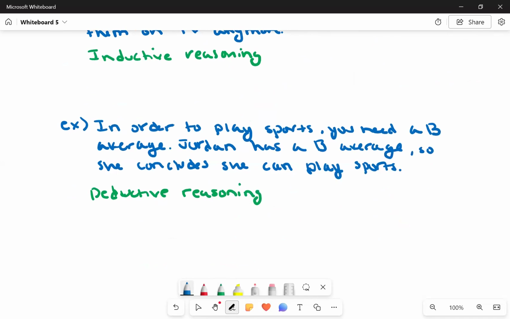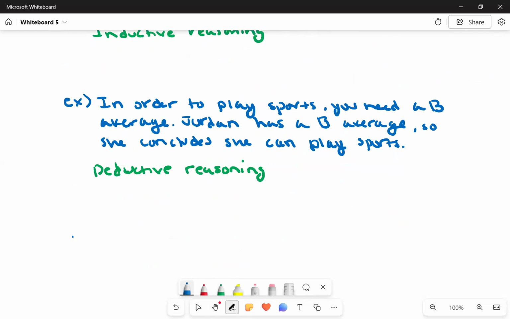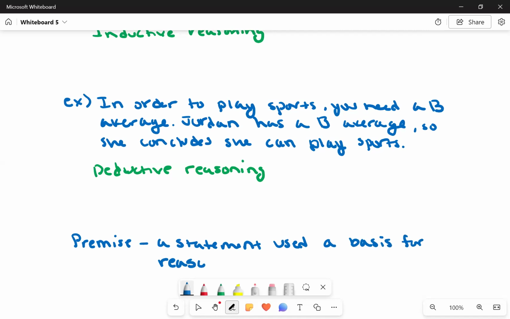Okay. Now, in the structure of these forms of logic and arguments are really two words that we need to know. The first is premise. A premise means it's a statement used as a basis for reasoning. So in this example here, the statement used for the basis of reasoning is that in order to play sports, you need a B average.